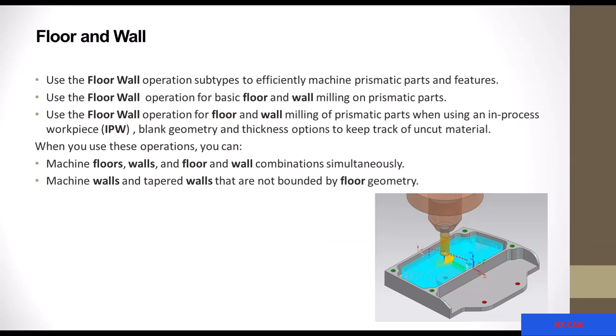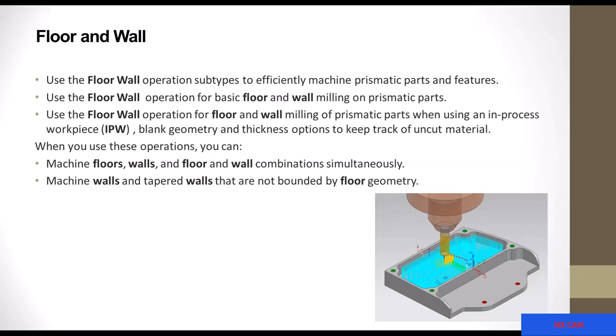So in floor and wall, we use this operation for prismatic parts, and here we have three types of options to remove this material. First is blank geometry. We can create the tool path for the blank geometry. The blank geometry is the outline. Outline part is our blank geometry.